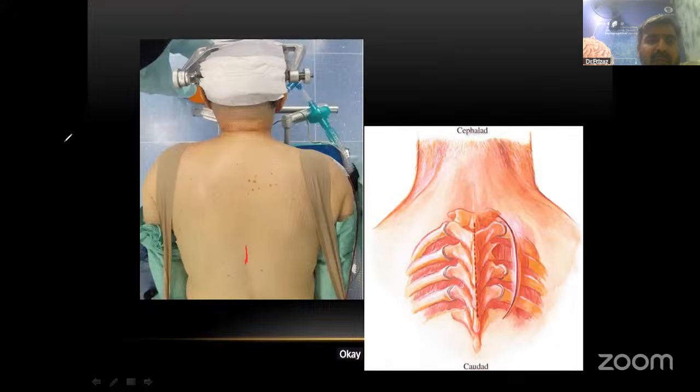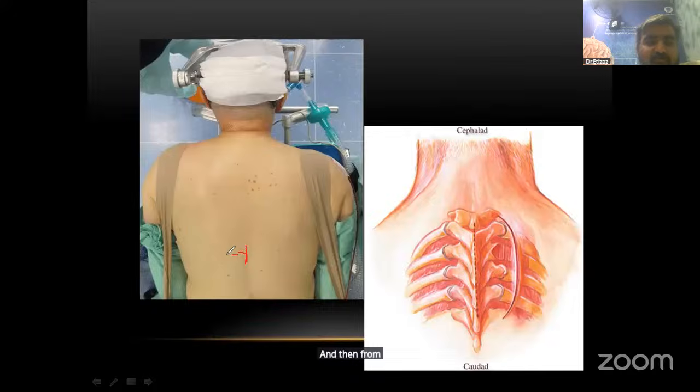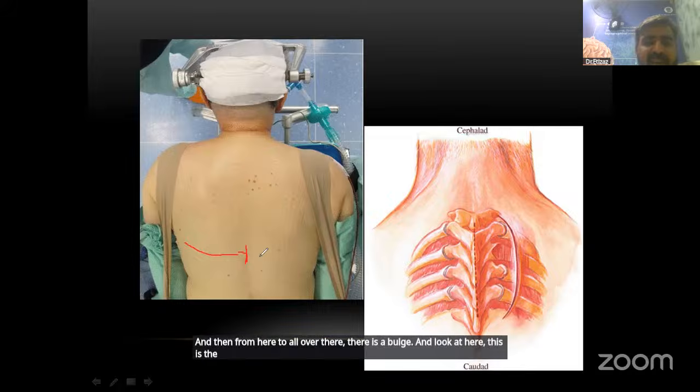From this midline, can you see there is a little bit of depression from here to here? That is the area of the paraspinal muscles. And from here onward there is a bulge. And look here, this is the depression bilaterally. This depression is the area of the paraspinal muscles.